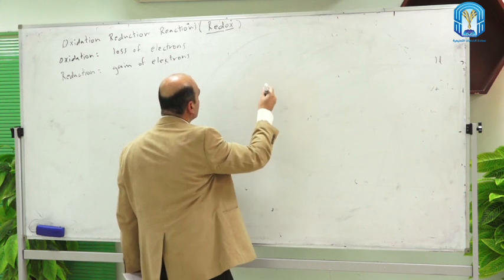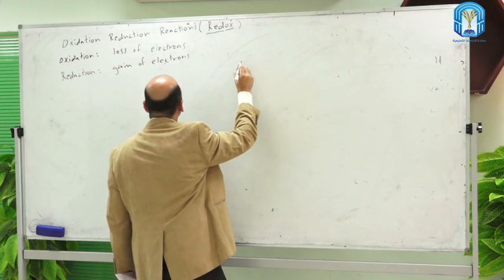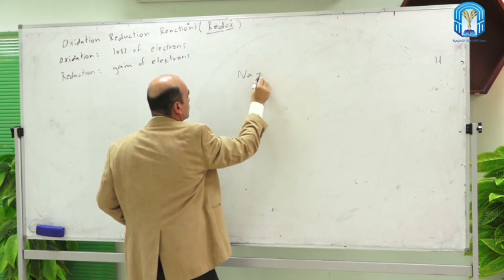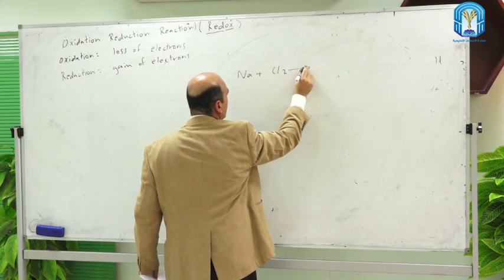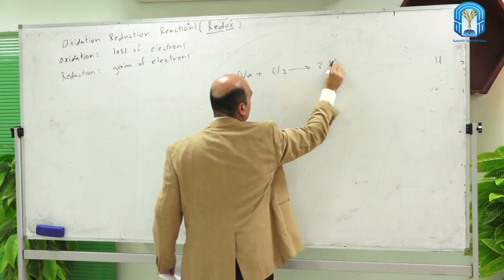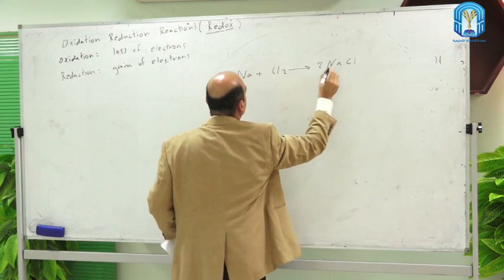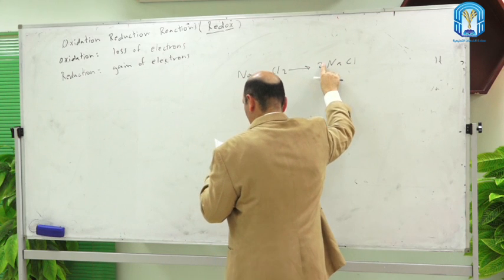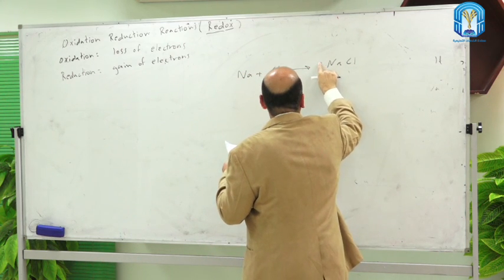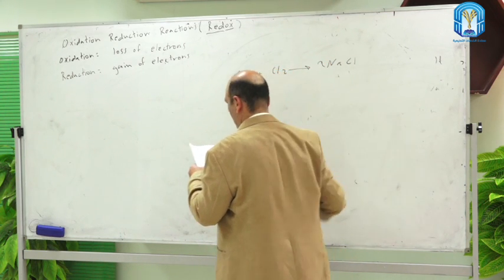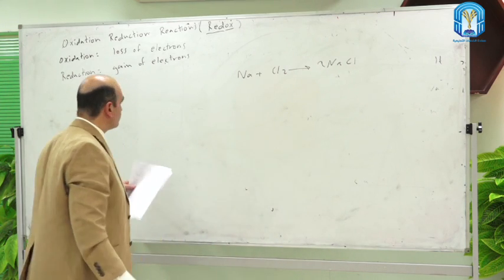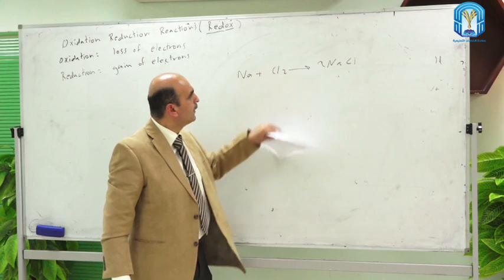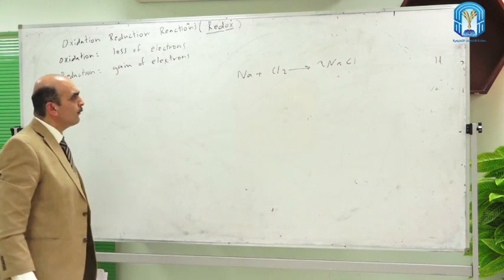So if we take a reaction, for example, Na plus Cl2 gives NaCl. First, to determine the oxidation states for each atom, we have some rules.